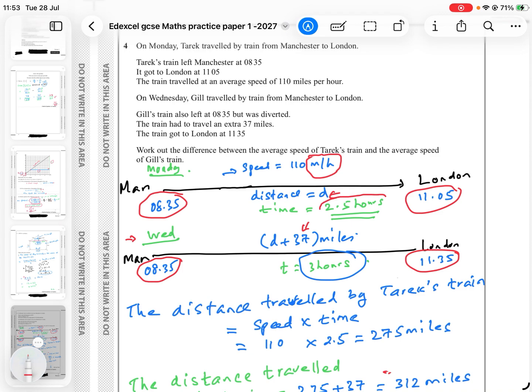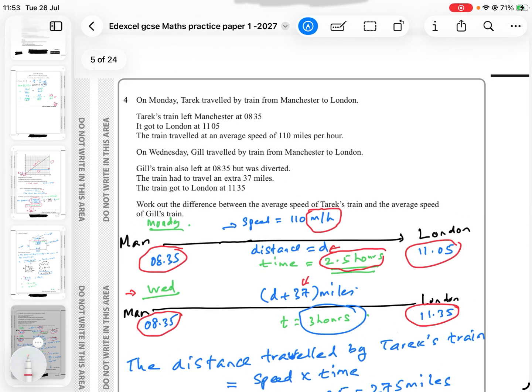How? The arrival time is 11:05, take away the time it left Manchester, 8:35.